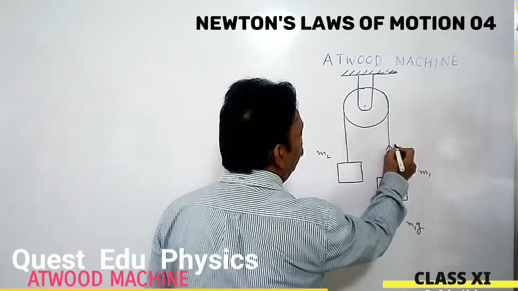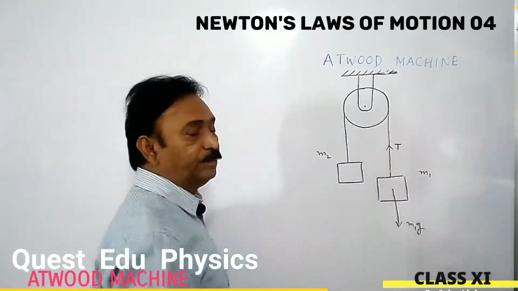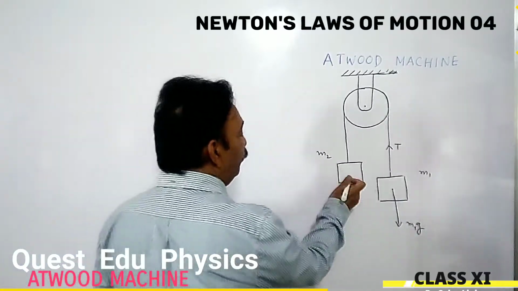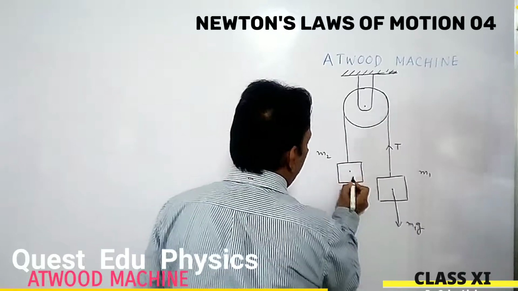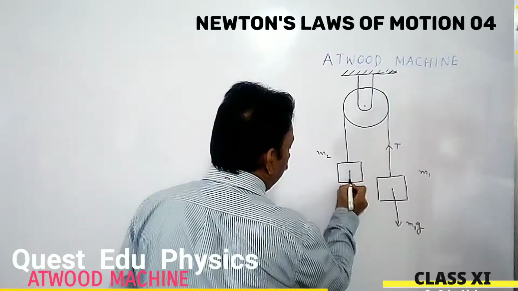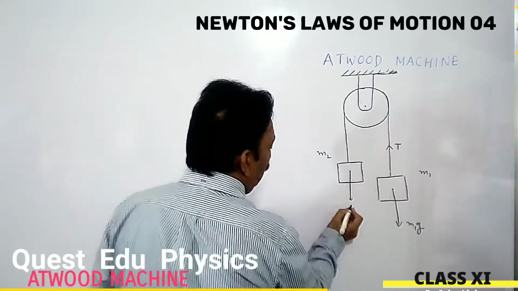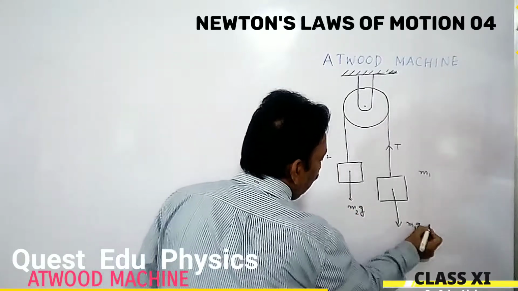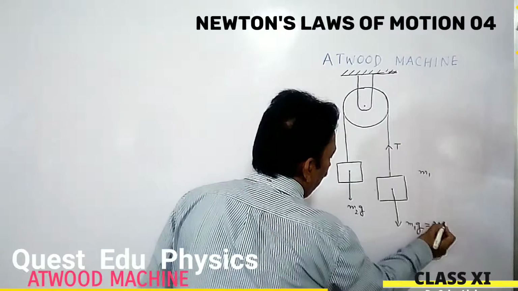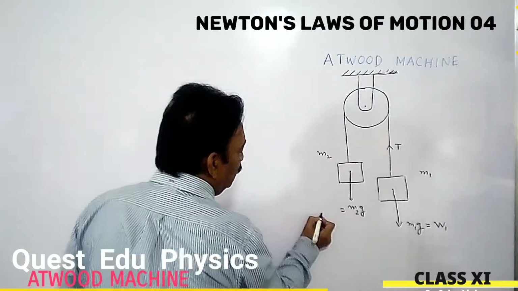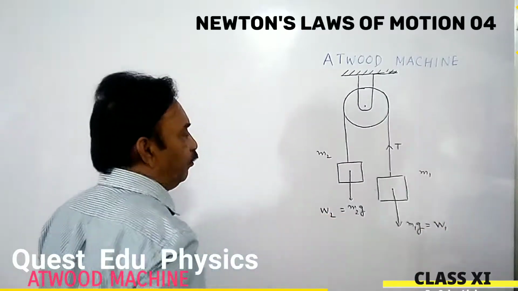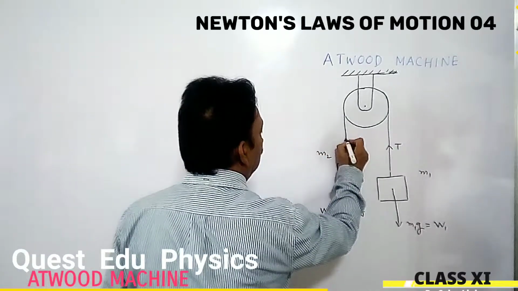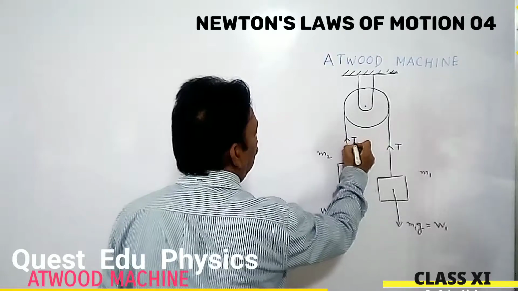Let's say it is the tension T. Okay, students. In the same way, the weight of the body here is M2G. Let's say it is W1, it is W2. Obviously, the tension acts in the upward direction.